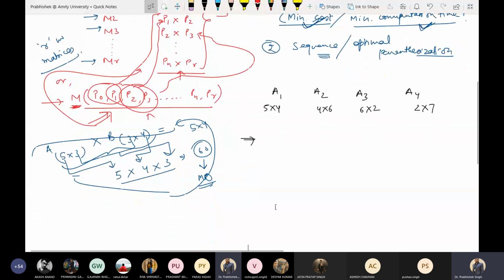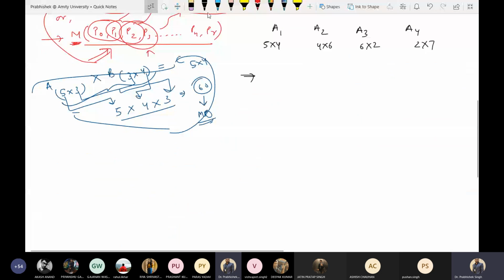Just a minute, let me take more space. Okay, A1, A2, A3, A4 are given, and you have to multiply all these matrices so that you get the minimum cost, the minimum number of operations, and the minimum computational time.